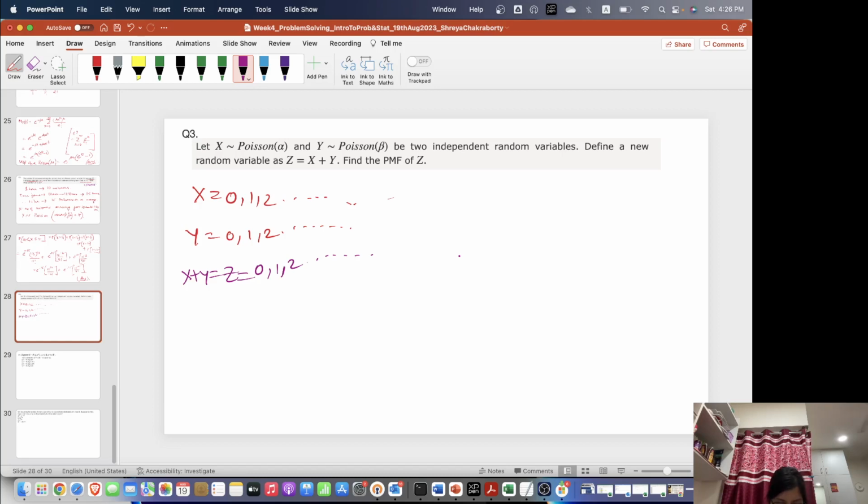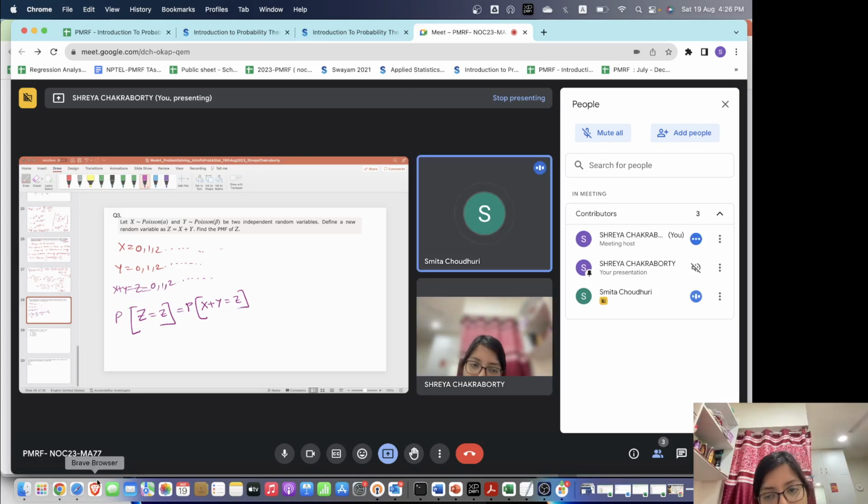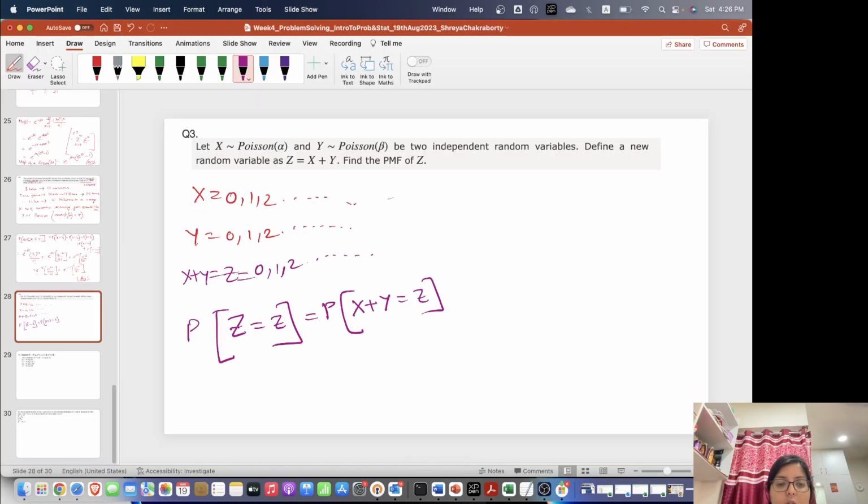Now the probability that z equals small z is the probability that x plus y equals z. Is it okay? So we can write it as the probability that Z equals x plus y equals z.